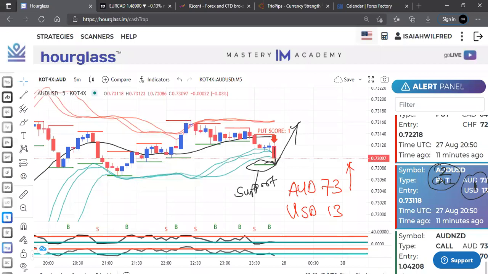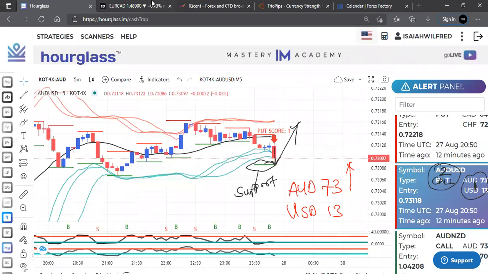We want to make sure that the currency strength meter, first point, the top or first currency is the stronger one. We also want to make sure that Cashtrap has told us call. That's 2 points. Now, once we see the market coming down to a support, that is 3 points. It's so simple, very easy to understand.